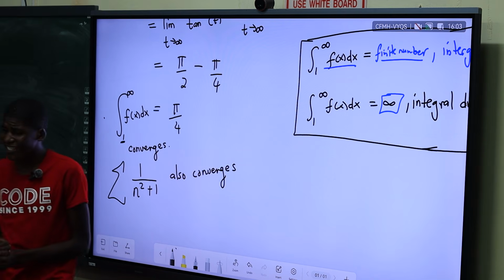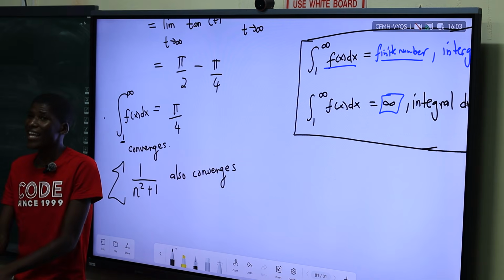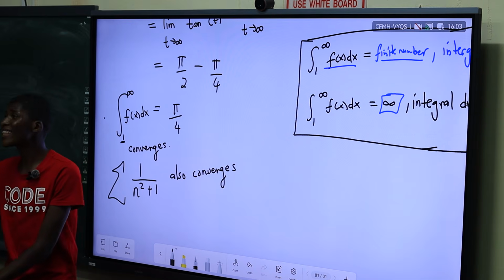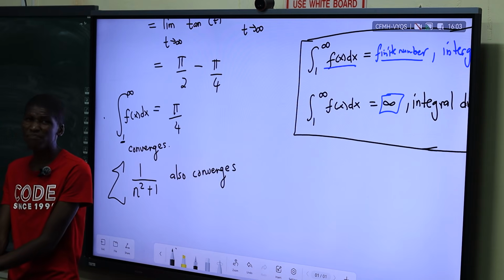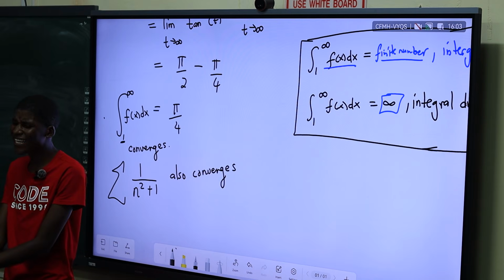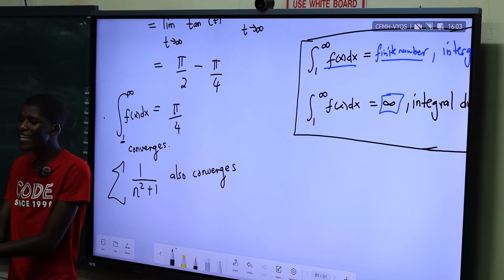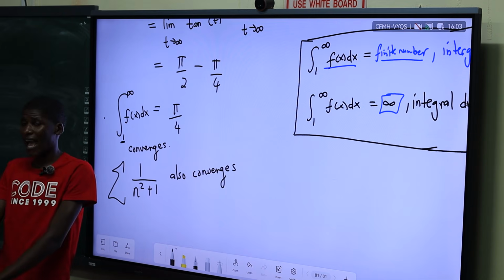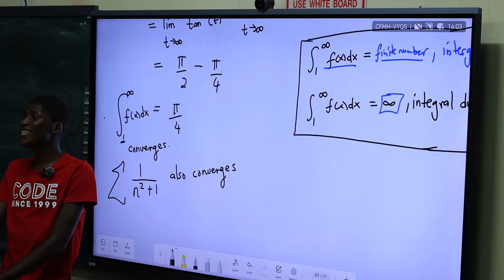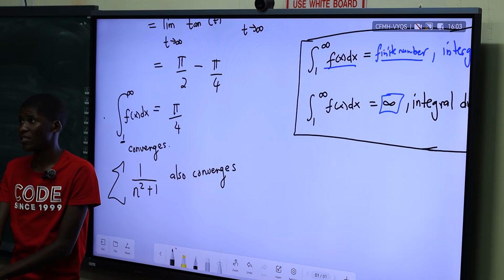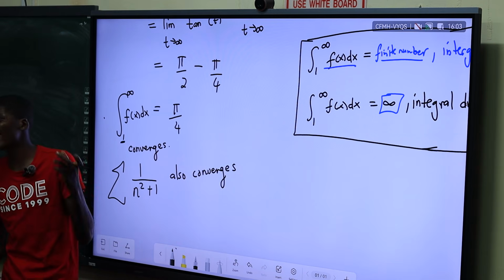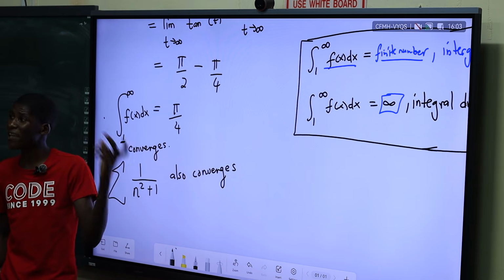So now, the limitations again for your integral test. As we have seen, if your function is increasing, we cannot use it. If we want to use the integral test, we really need a decreasing function, because if the function decreases, we already see the area is going towards a finite number.